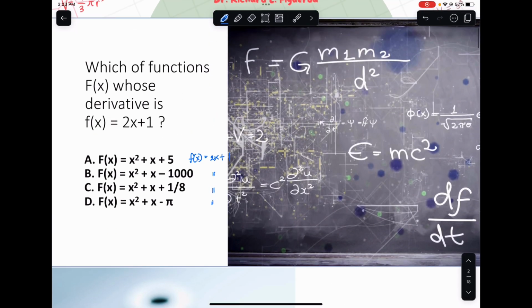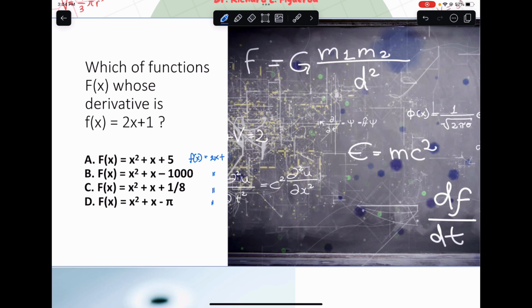When we say antiderivative, that's just the reverse process of differentiation, or the opposite of the derivative. So if we are given 2x plus 1, its antiderivative will be x squared plus x.